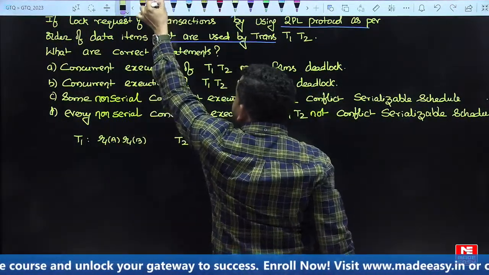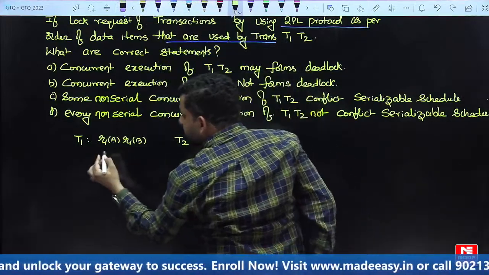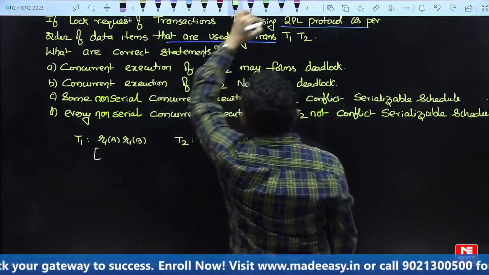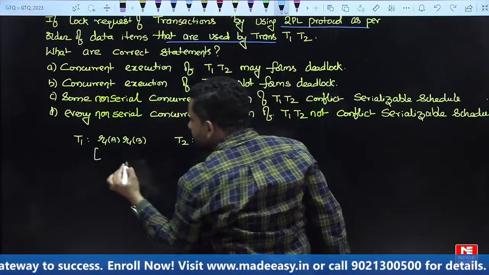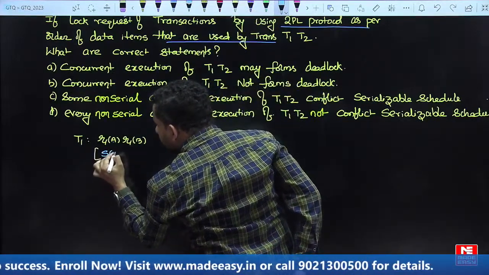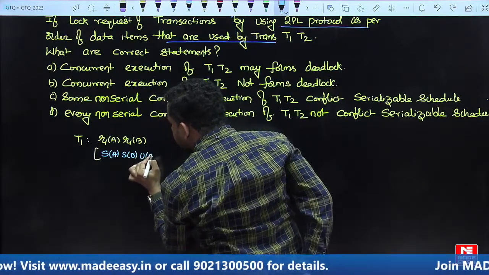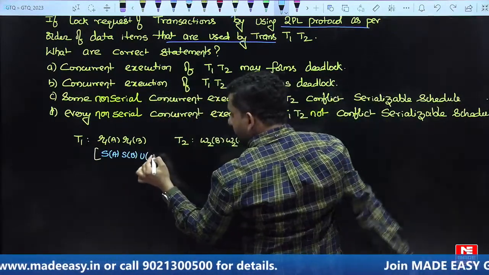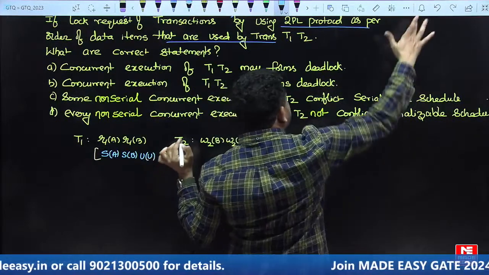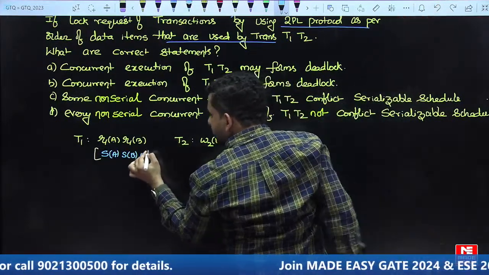If the transaction requests the locks as per the order it is using them, T1 requests a shared lock on A and a shared lock on B, and then unlocks B and A. Unlocking does not matter, but the lock sequence is important here.